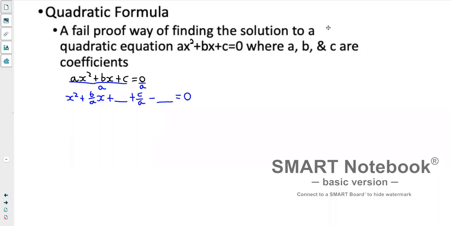Now in our blank is going to go our b over 2 squared. In this case, our b is b over a. So we have b over a divided by 2 squared. So that's the same as b over 2a squared. So that's b squared over 4a squared. So we'll put in b squared over 4a squared.